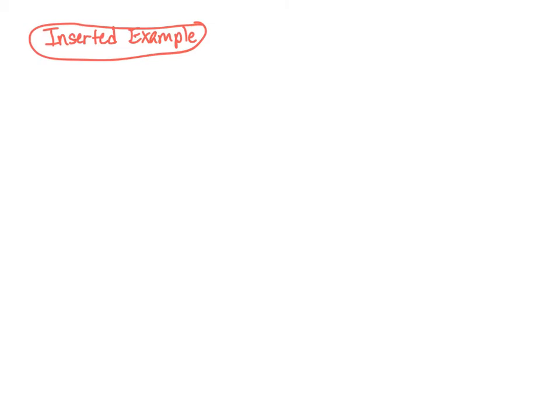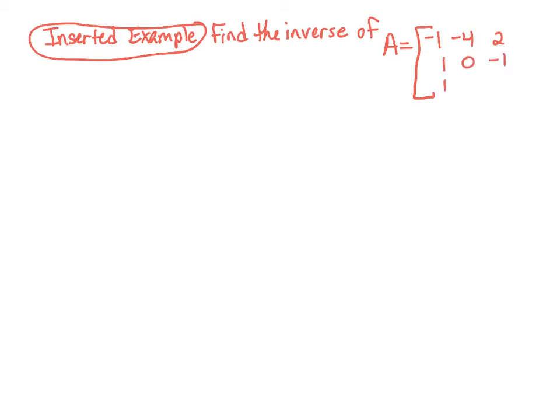Okay, so what you're going to do now is find the inverse of the matrix A, which equals by row -1, -4, 2, 1, 0, -1, 1, 1, -1.